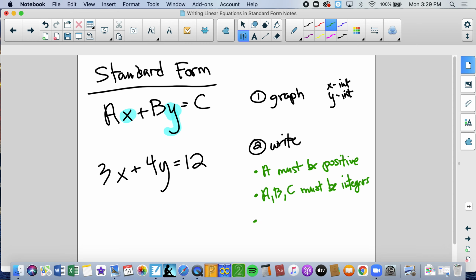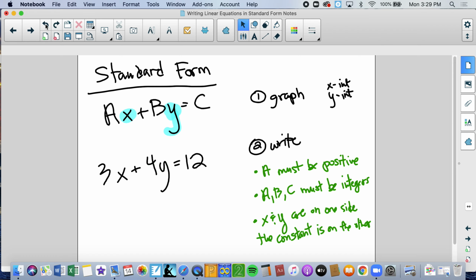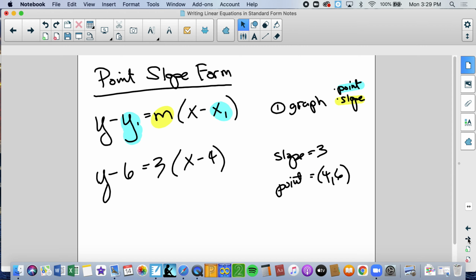And, this one's an interesting one, x and y are on one side and the constant C is on the other. As we see in this example, x and y are on the left side and 12, your constant, is on the right side. So let's look at an example.